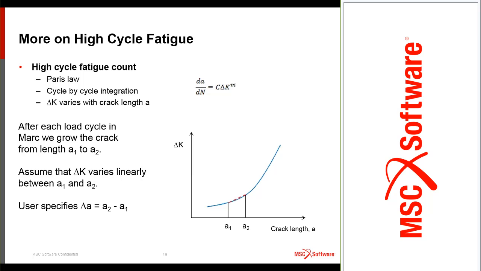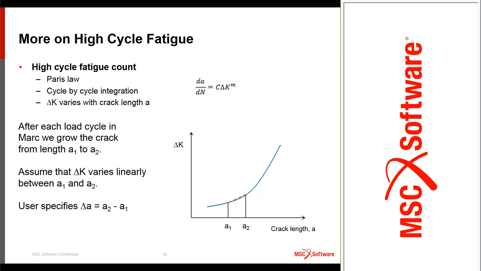So the change of crack length with the number of fatigue cycles is just this expression with delta K. Standard good old Paris law. If we know how delta K varies with the crack length A, we can easily integrate that one.